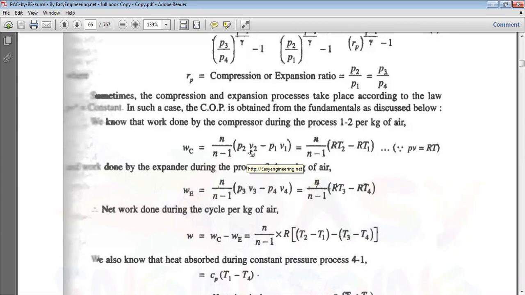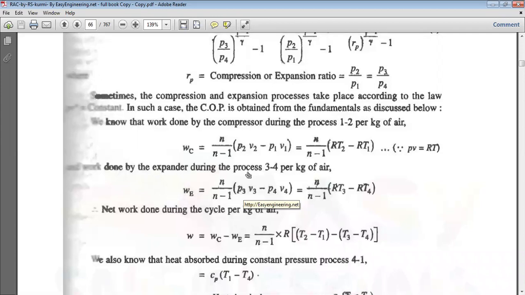Therefore, whenever I am writing work input, it is exit condition minus input condition. Whenever I am getting power output, we write initial condition minus final condition, because it is positive work. Remember that important point.